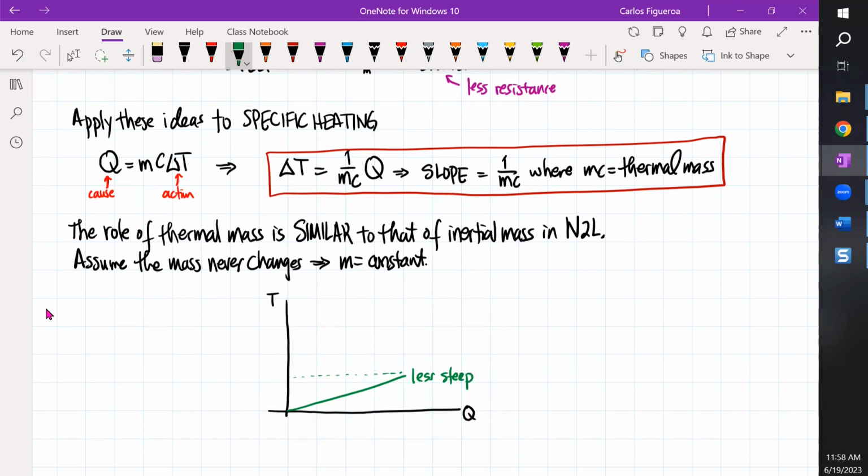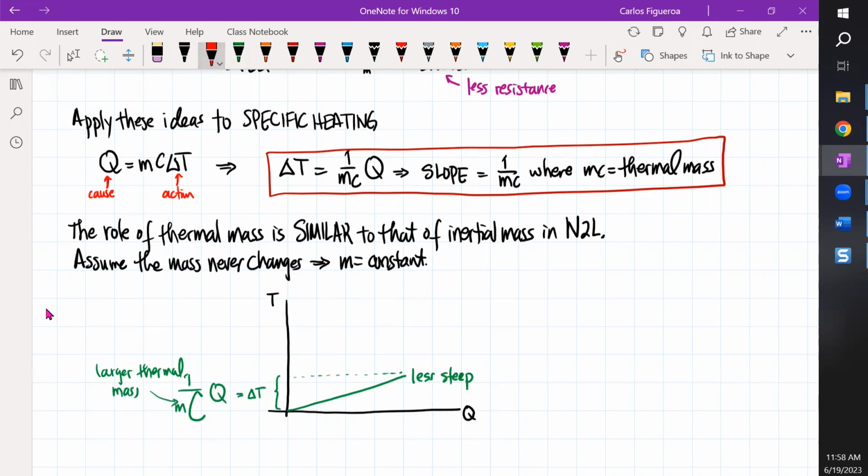What does that mean? This tells me that I have a small temperature change. The only way I can have a small temperature change is if the heat capacity is large times Q here. So in other words, this tells me that I have a large thermal mass, and really, I'm saying a large heat capacity.